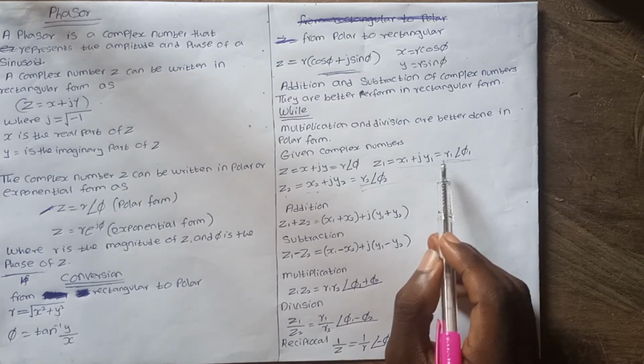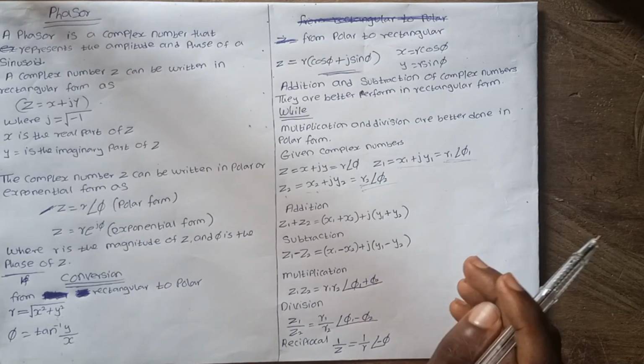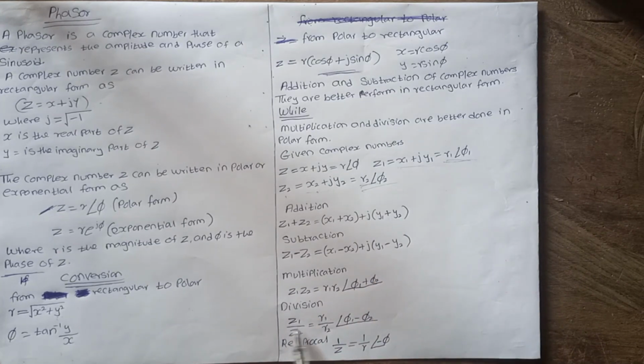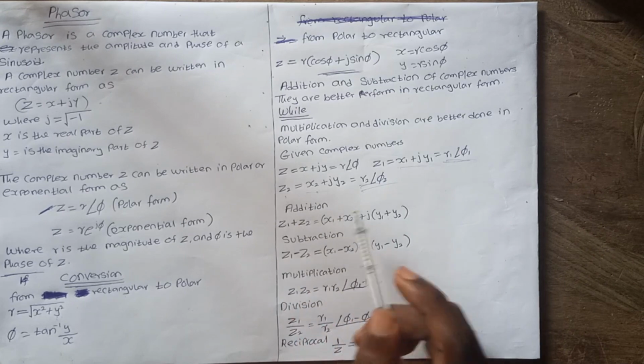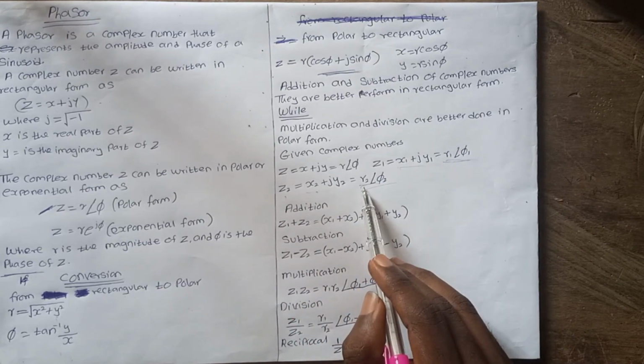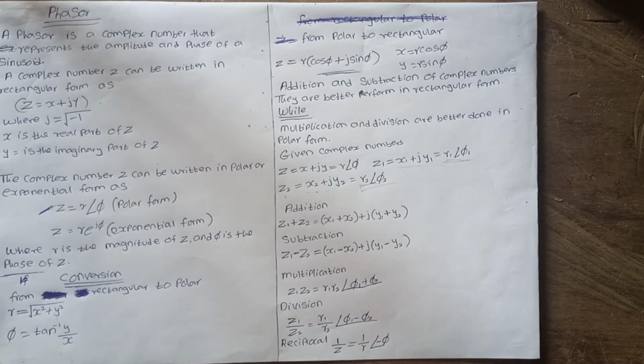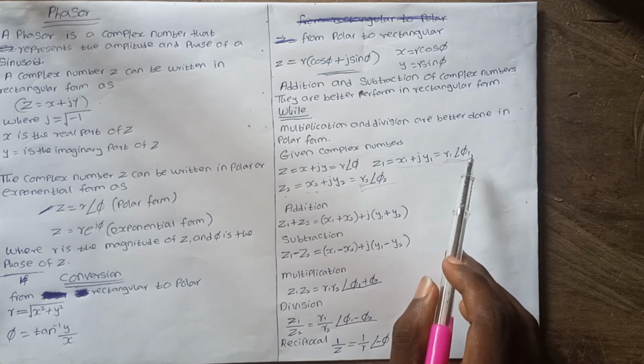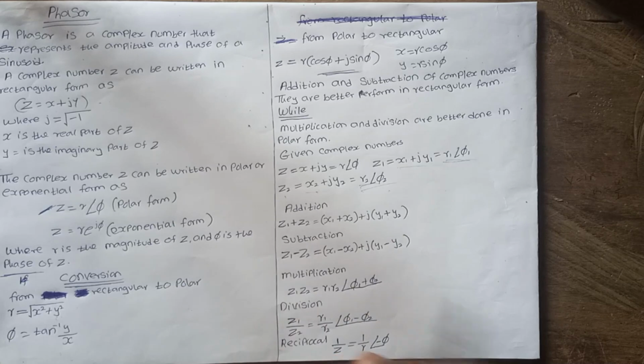You multiply the magnitudes, then add the angles together. Then in division, z1 divided by z2, we are going to divide the magnitudes, that is r1 and r2. Then we are going to subtract the angles, that is this one minus this one.